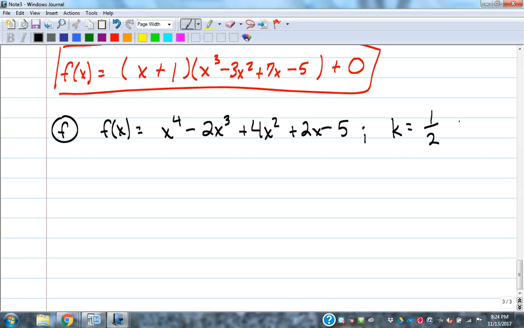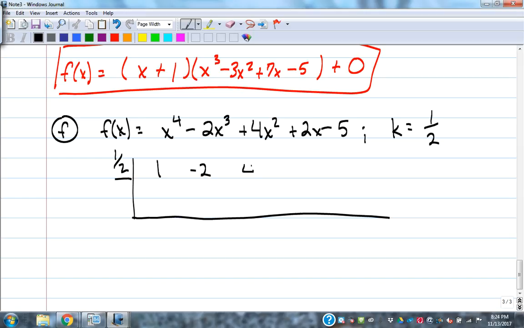We want to check k equals 1/2. Fractions are okay in synthetic division. They're not as nice to work with. They're kind of ugly to work with, but they're still doable. So when you do your synthetic division, everything's going to work the same. I'm going to give myself a little bit more room because I know I'm going to be writing some fractions.